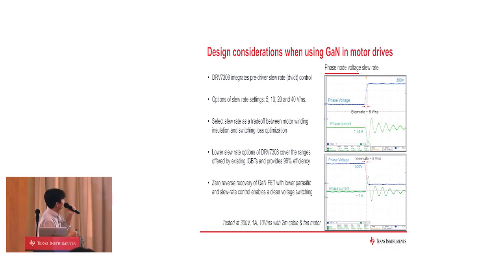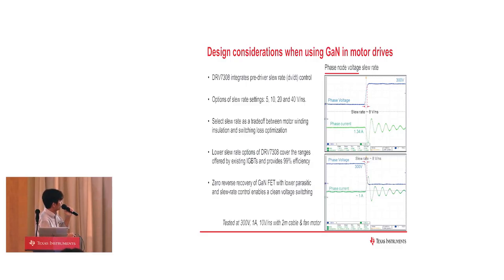Okay, so some design considerations when using GaN in motor drive. We have slew rate control as an integrated feature inside the chip, and these are the slew rate options you can select. When selecting the slew rate, it's a trade-off between motor winding insulation and switching loss optimization.